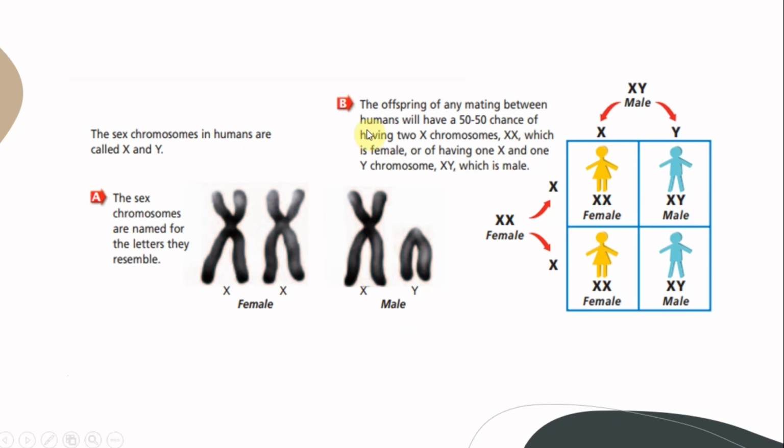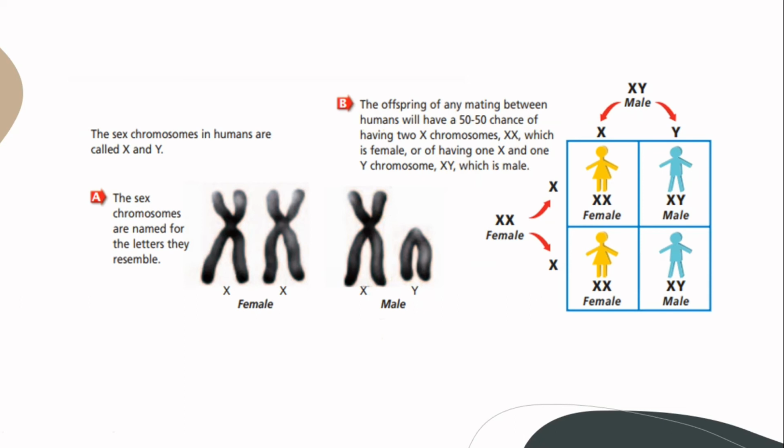The sex chromosomes are named for the letters they resemble. So in the case of the female, their chromosomes look like two X, and in the case of a male, it looks like they have one X and one Y. The offspring of any mating between humans will have a 50-50 chance of having two X chromosomes, which is female, or having one X and one Y chromosome, which is male.